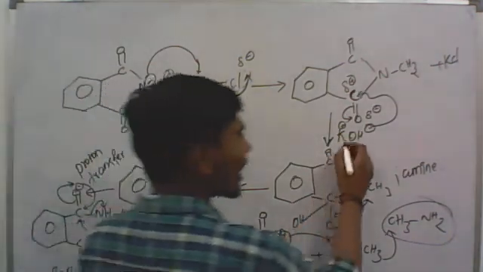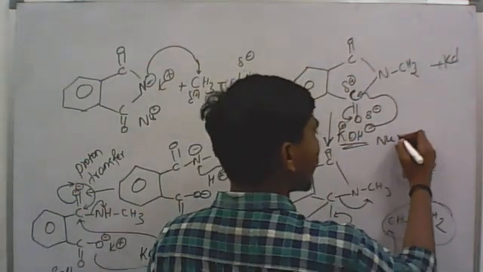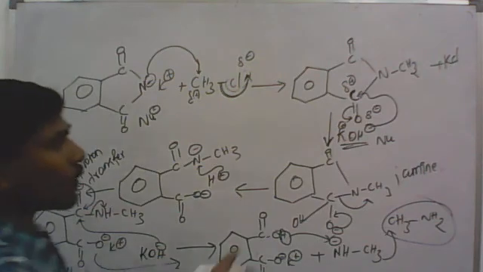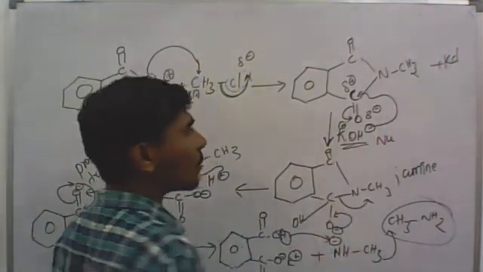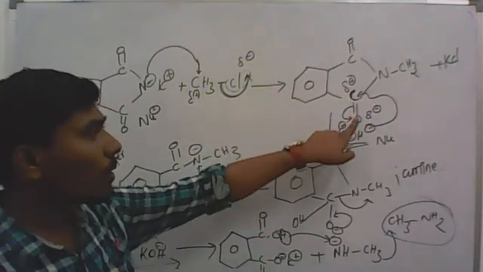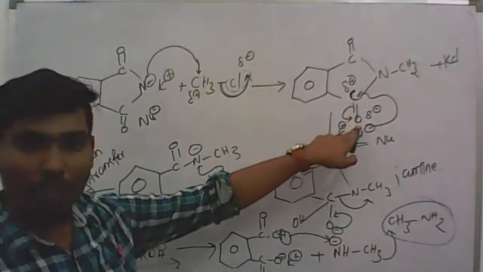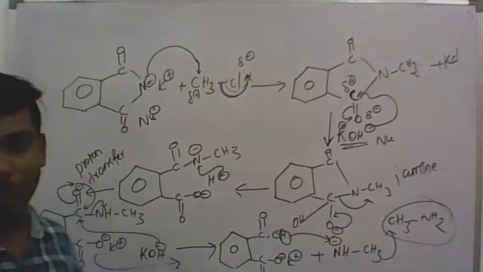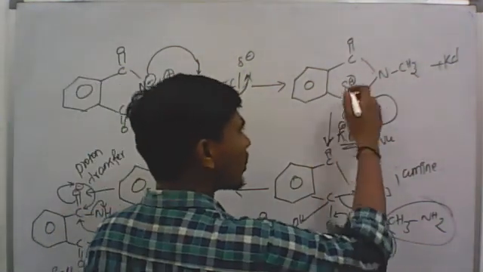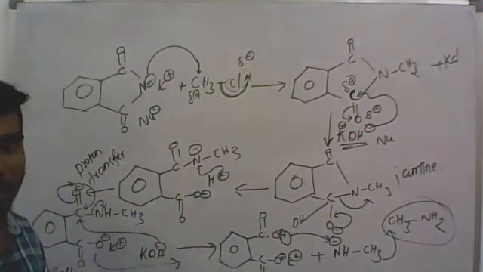Here KOH is acting as a nucleophile. The nucleophile is going to donate the electron to the deficient carbon. Among the two, oxygen is more electronegative than carbon, so carbon loses its electron and has a positive charge.